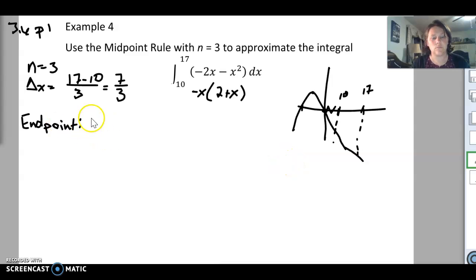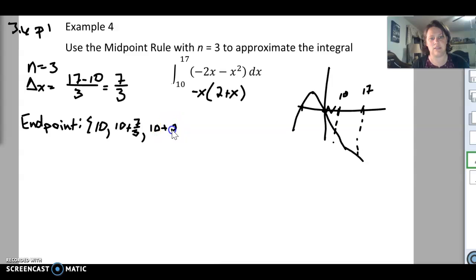We're starting at 10, so 10 is our first endpoint, and then the next one is going to be at 10 plus 7/3. I'm going to write them all out this way, and then we'll go back and calculate them. And I'll just pause as I write all those down.